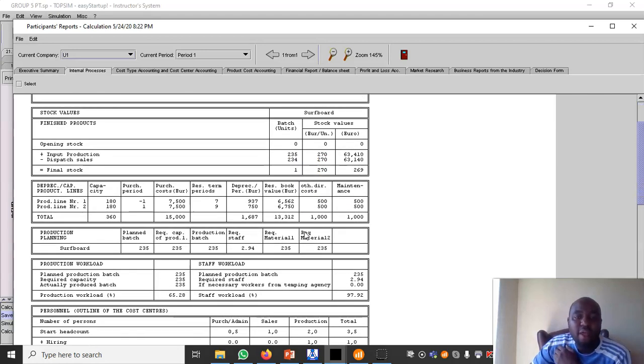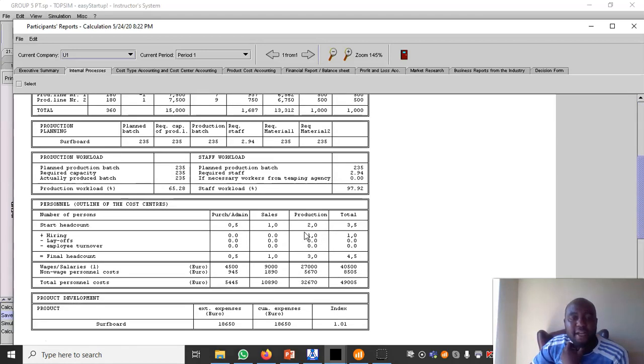Then you have the third set of figures. Scroll down, same page, under the title personnel, outline of the cost centers. This is what happened during period 1. Start headcount: these are the workers that were hired at startup, and this company hired an additional worker in production during period 1, and currently they have 3 workers.